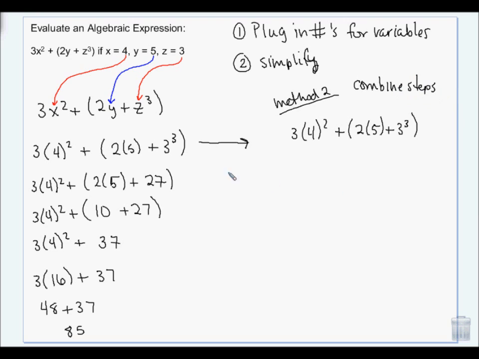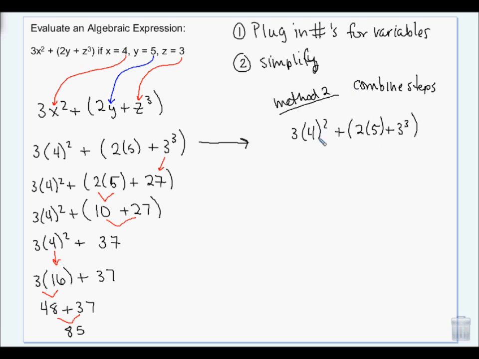Okay, and then just in case it's kind of difficult to see what's going on, I'll just do that, if that helps. Okay, in this next step, I'm going to combine steps.